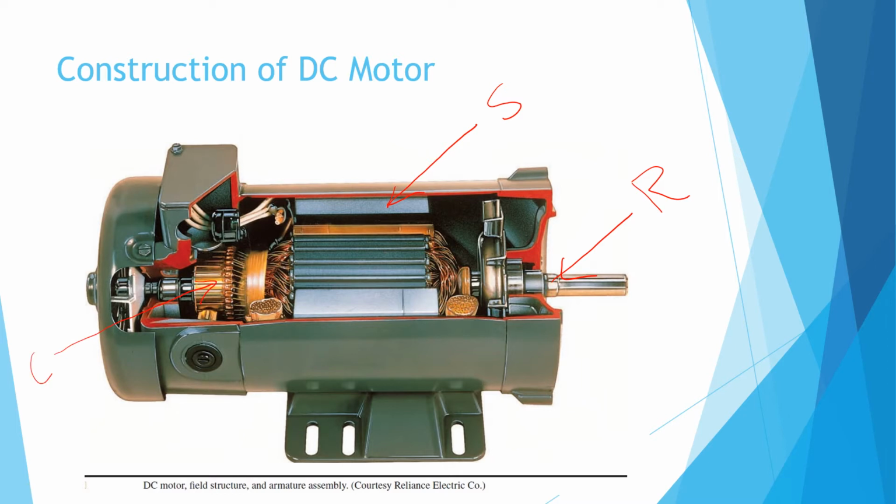I will be explaining it in coming slides. So there are two main parts of any motor, stator and rotor. On the stator you have stator winding, and on the rotor you have winding as well as commutator segments.